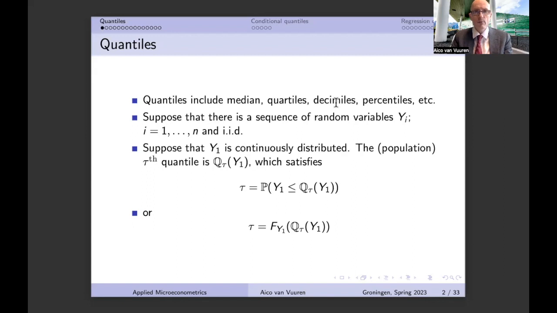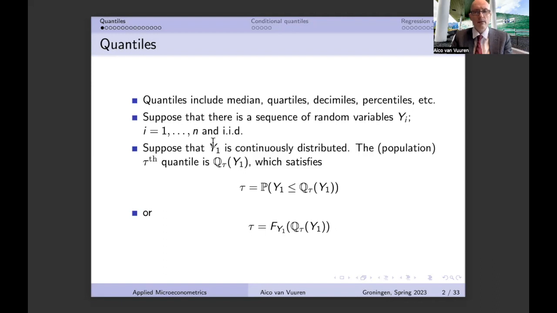In order to make this a little bit more mathematical and to look at the analytics, I'm going to introduce a sequence of random variables, Y_i, where i runs from 1 to n, and they're going to be iid. I'm going to assume that Y_1 is continuously distributed.